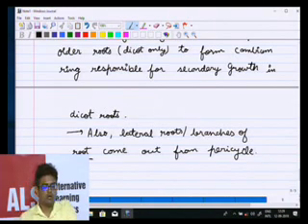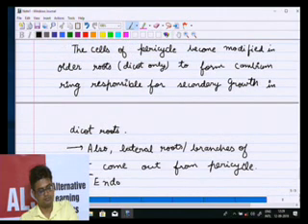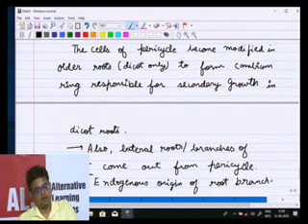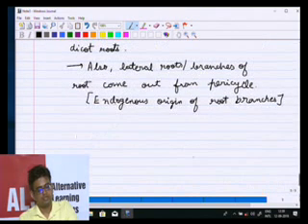So this is called endogenous origin. Endogenous origin of root branches. Root branches have endogenous origin.